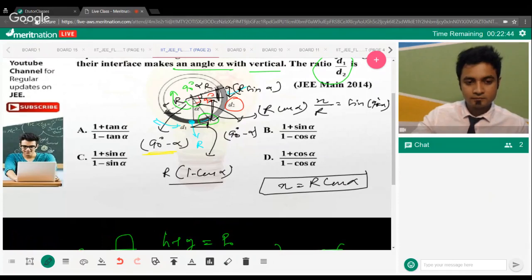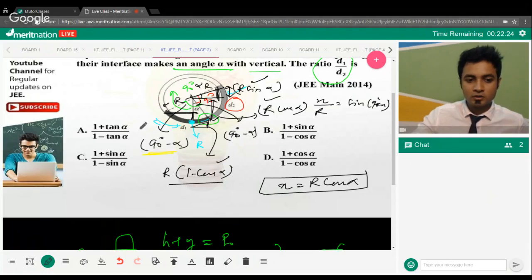Because here the pressure created at this point will be because of this and because of this one. But here the pressure is created by, only the height is given as here.